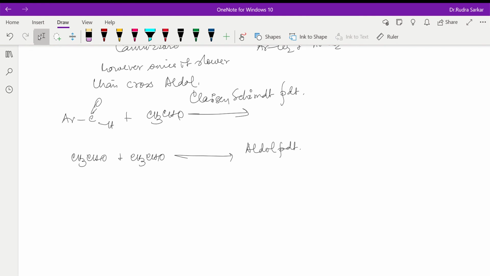Let's go for something called intramolecular aldol condensation reaction.